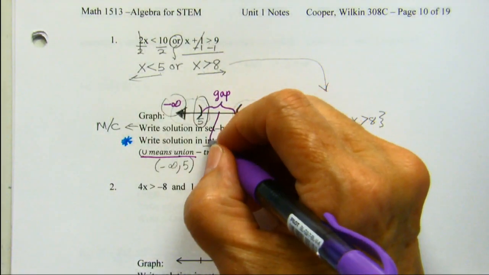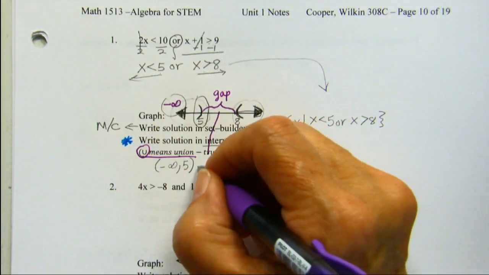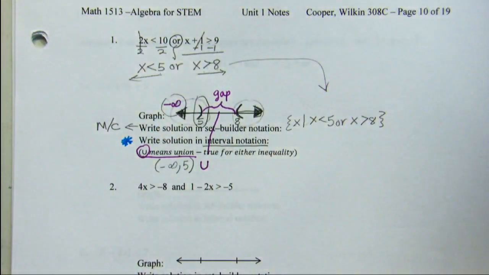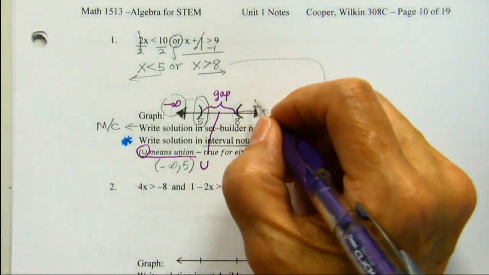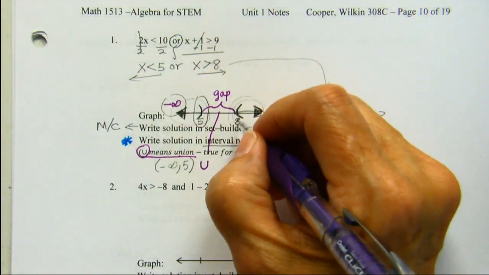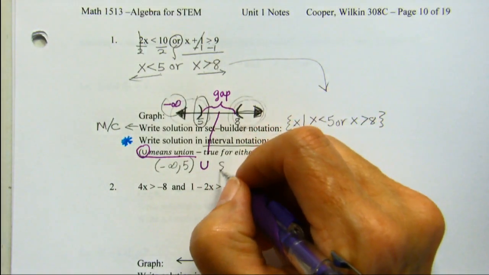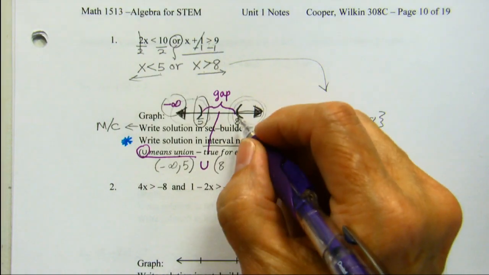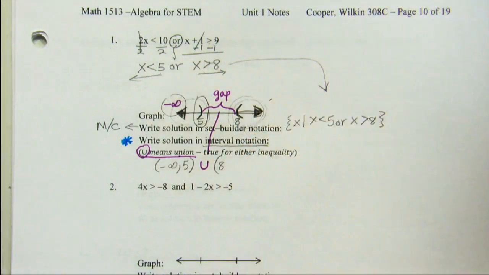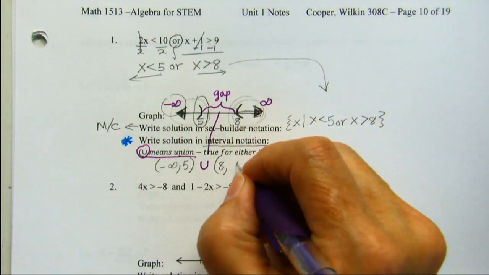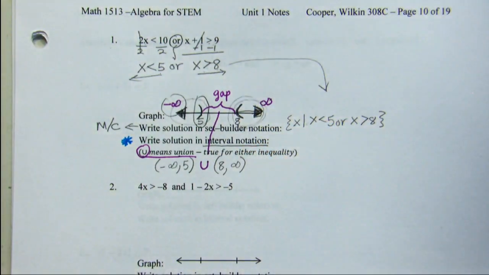My gap in the middle, I'm going to use my union symbol. And then my inequality on the right, I had an 8 with a parenthesis, and it goes up to positive infinity. So, comma, positive infinity, and it closes.